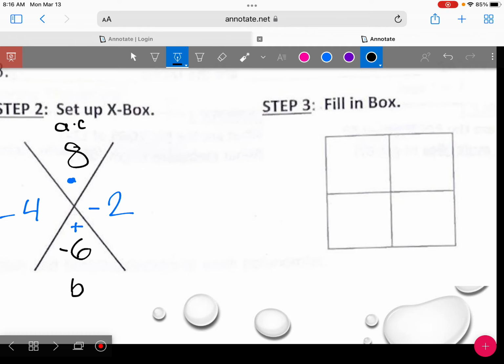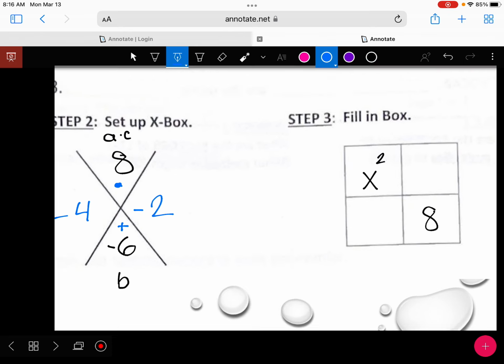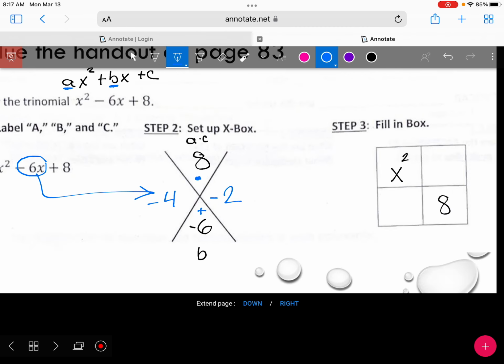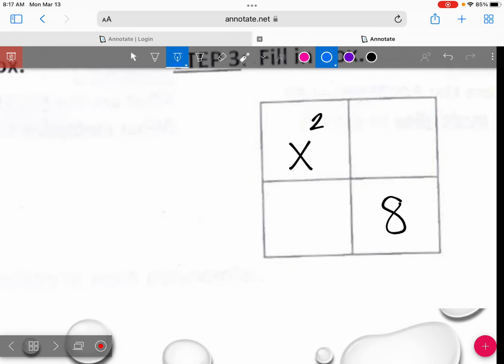After that, we're going to fill in our box with pieces from our equation. From the equation, we get our x squared. From our equation, we get our 8. The whole point of this x frame is it takes this middle piece here and cuts it into 2 pieces to go into my box. So this is really -4x and -2x, because if I pulled that back out of the box and combined our like terms, we'd wind up with our -6.